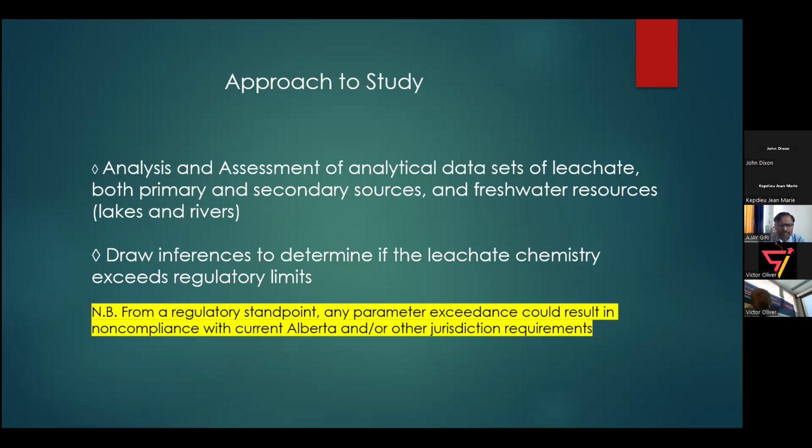From there, we drew some inferences to determine if the leachate chemistry exceeds regulatory limits. Now, as I already alluded to, from a regulatory standpoint, any parameter that exceeds could result in non-compliance with current Alberta and other jurisdiction requirements. So that's very important when we're conducting the study.